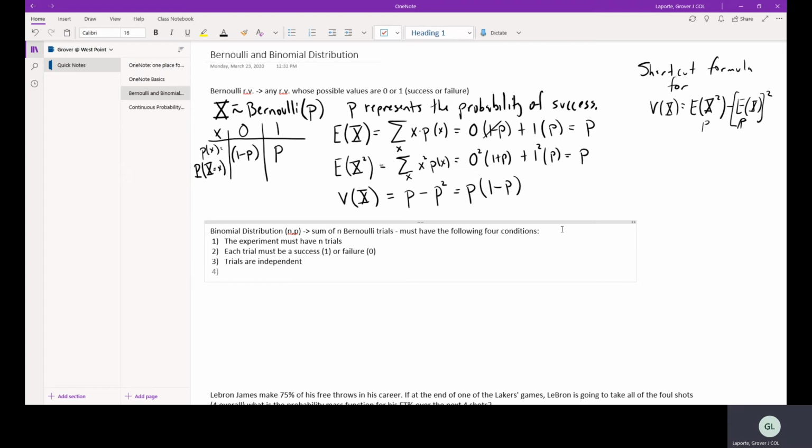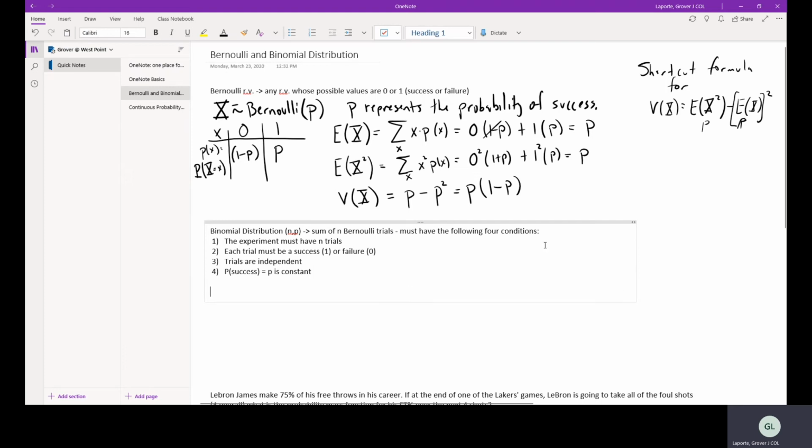And the fourth thing is the probability of success. In other words, you can't change the probability of success from trial to trial and expect it to be a binomial distribution.